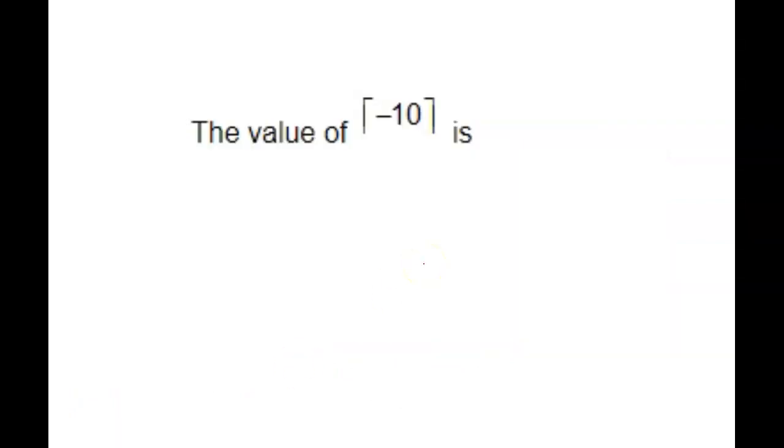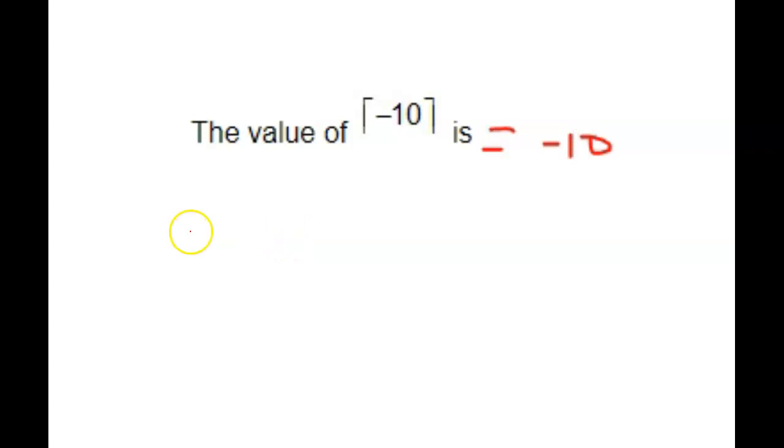Let's take a second and evaluate the least integer function, especially when it comes to negative numbers. When I see those brackets up at the top, I'll know this is the ceiling or the least integer function. So I know that I'm rounding up. So the value of negative 10 is going to be negative 10.